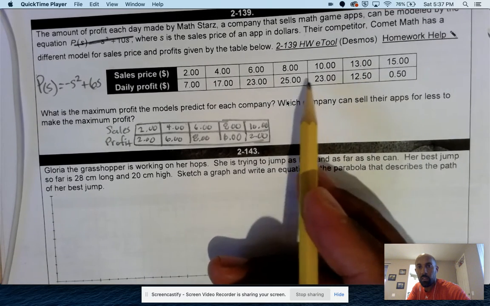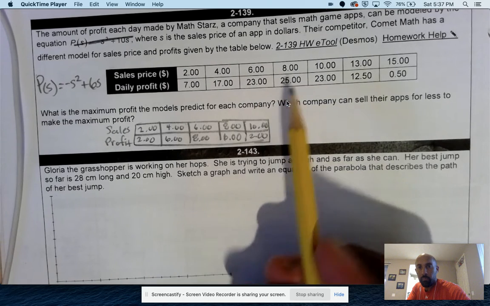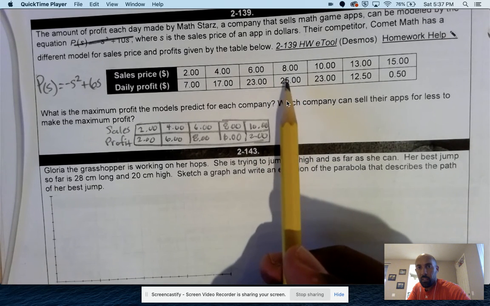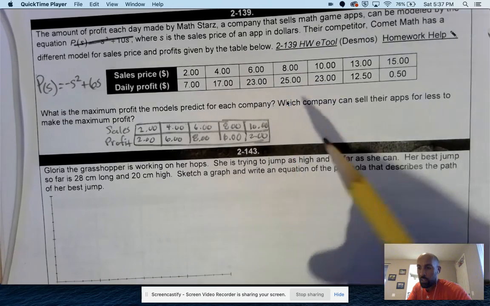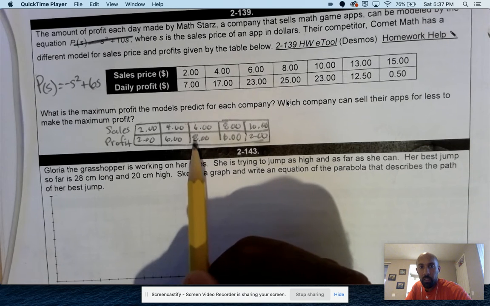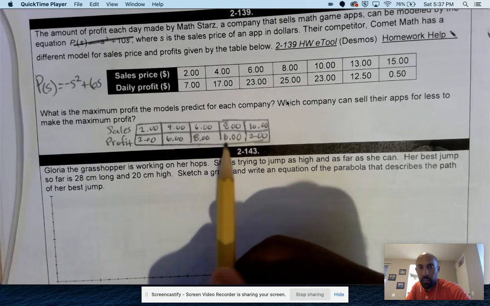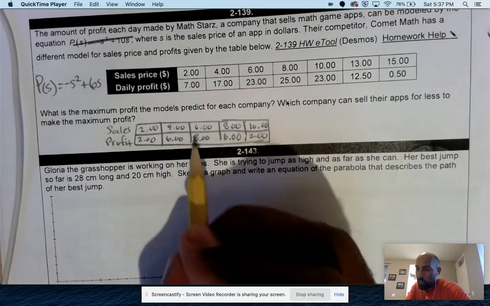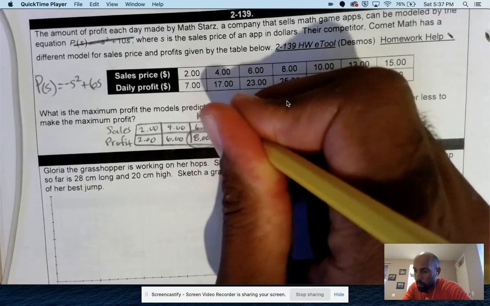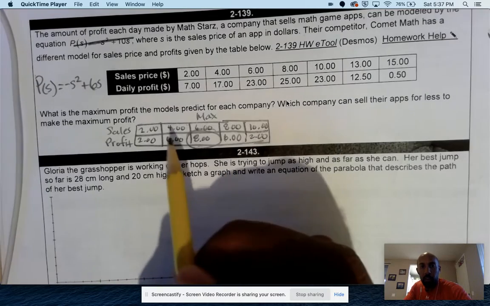Well, what I want you to notice in this table is that this is the highest amount they can make, the maximum profit. Okay, so literally that would be the max, right? So in our case down here, the max as it goes up, it goes to $8, right? And it goes down off to the right. So here's the max amount, right? That's the max amount for the Comet company.